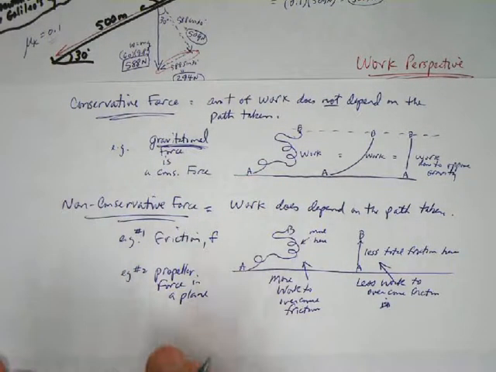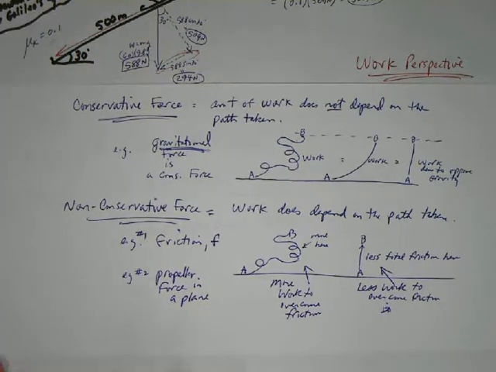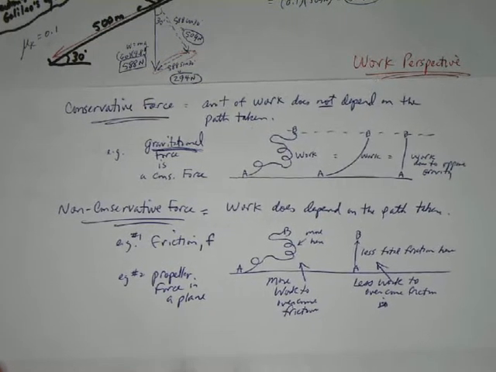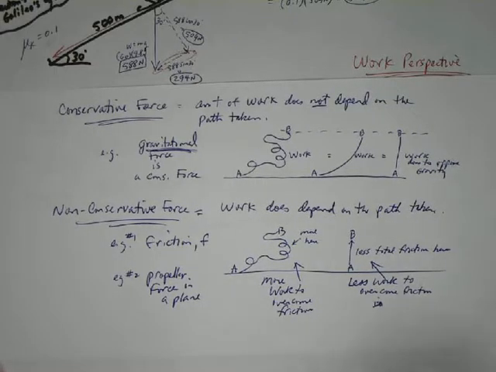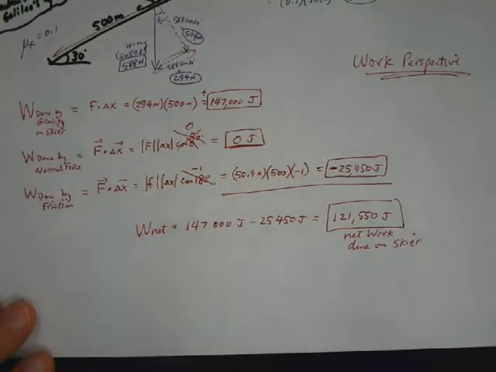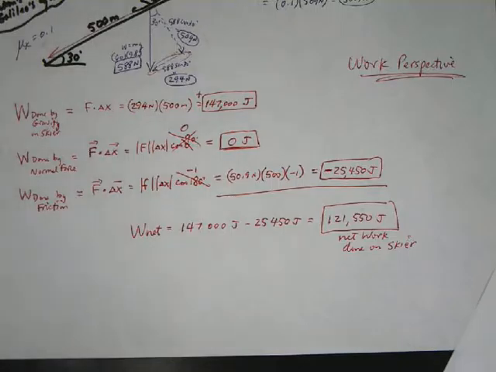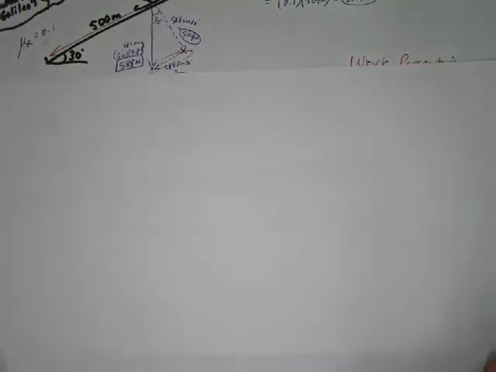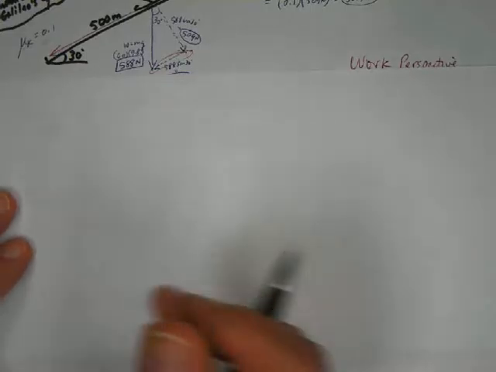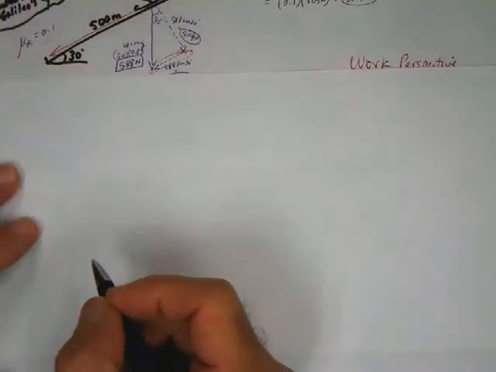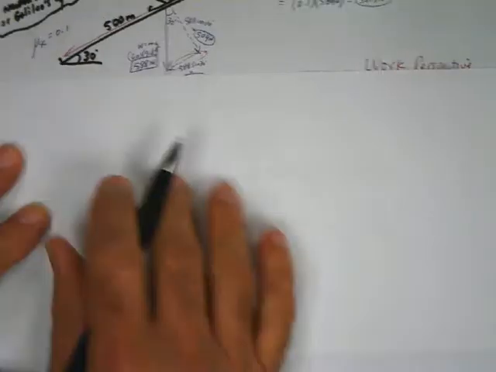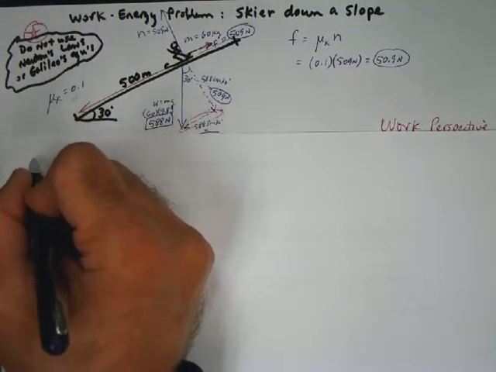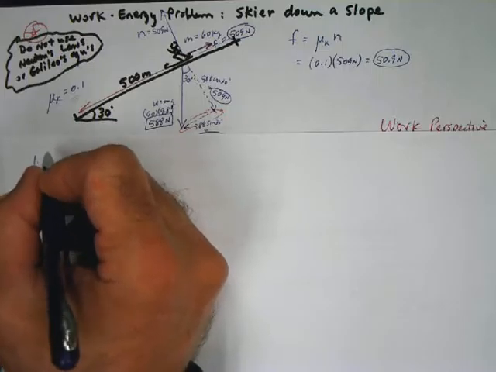Okay, now we can get back to our original problem. And let's deal with a couple questions. Let me get this down here so we can see it better. One would be, how much potential energy is at the top? So let's say find the potential energy of the skier at the top.